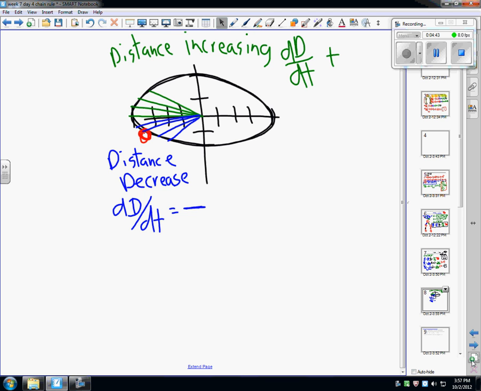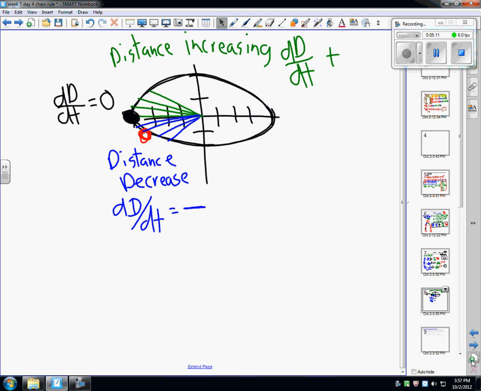Well, if it goes from positive to negative, at some point it has to be 0. That point right there is the balancing point between turning from green to blue. So I'm getting bigger, bigger, bigger, bigger. Right at the black point, I start to get smaller, smaller, smaller. So that means right at that point, dD/dt had to be 0. Okay? So that was one of them.